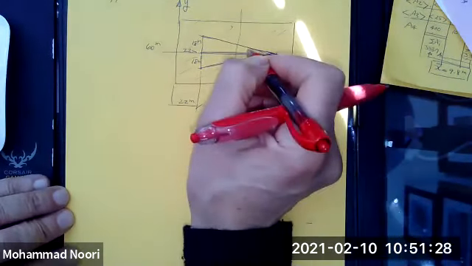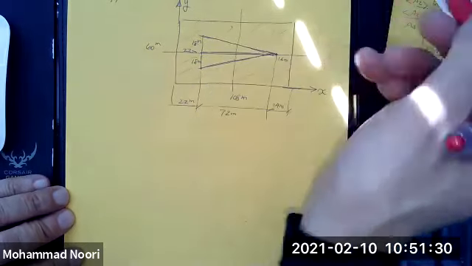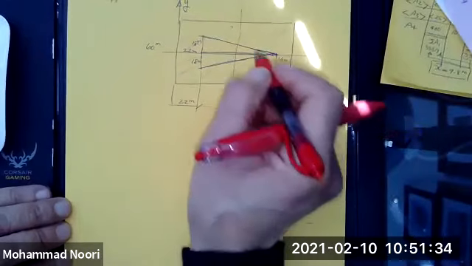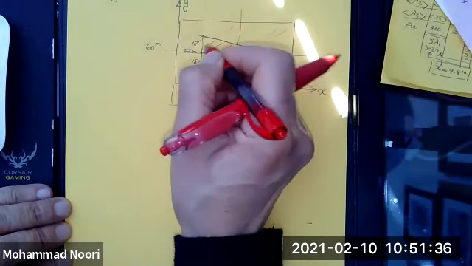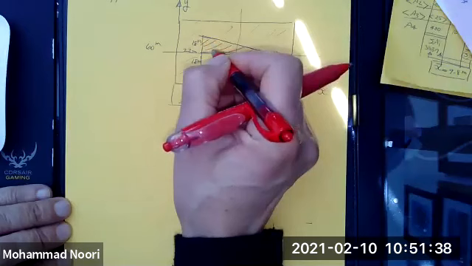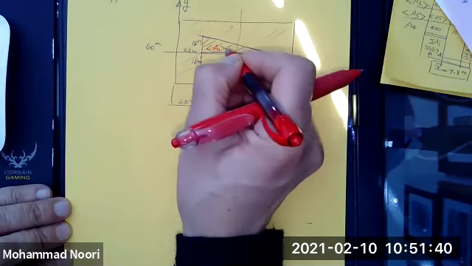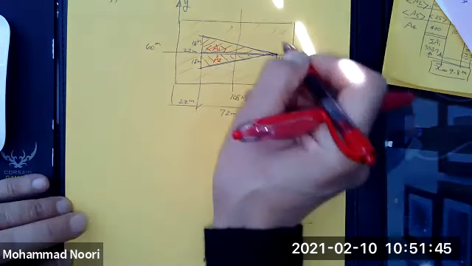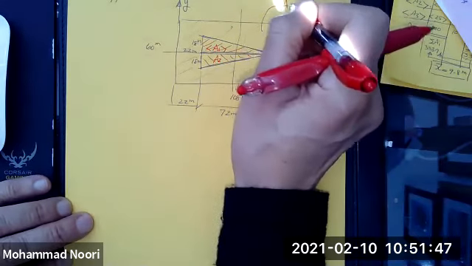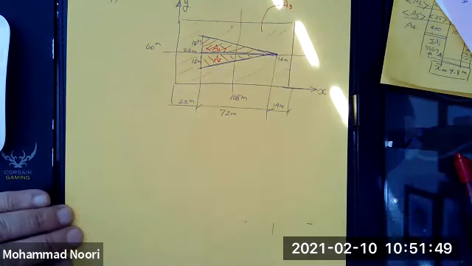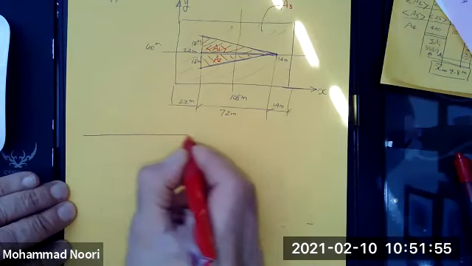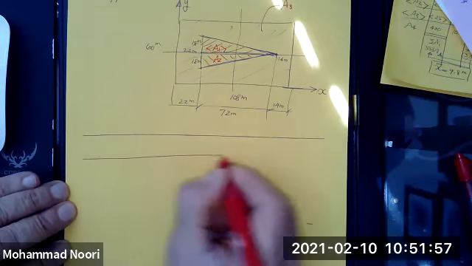Since I like right angle triangles, because the tabulated value is easier to find, I would divide this into shapes like this. I call this A1 negative, A2 negative, and then this rectangle would be A3. So in this case, this is the table you set up. All you need is this.